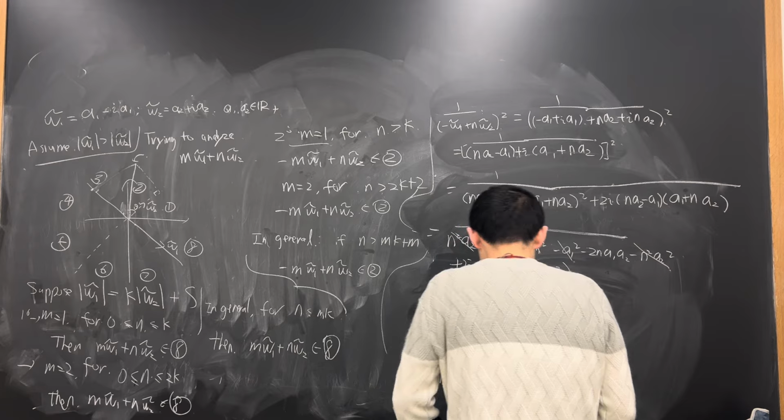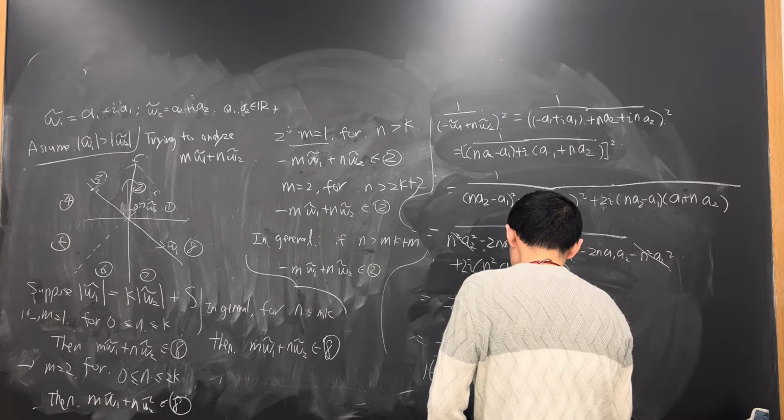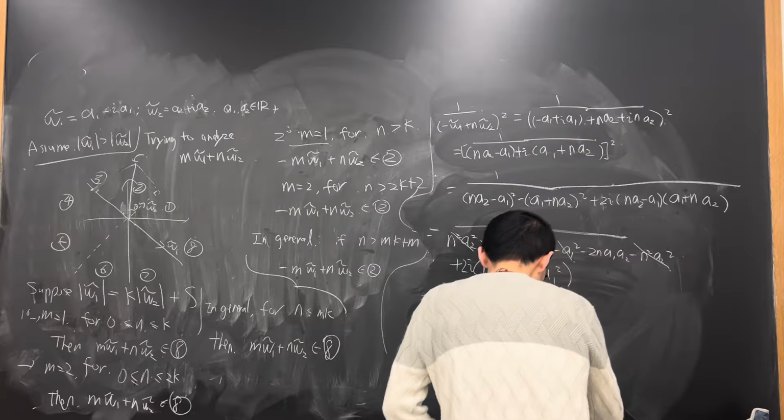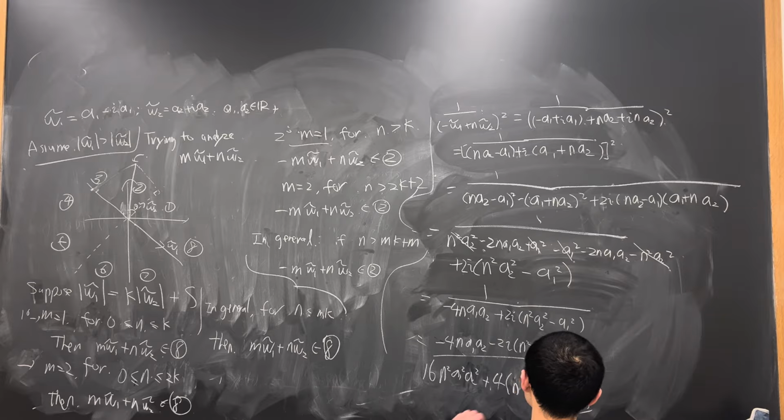Okay, so 4 times this guy squared: n to the 4th power A2 to the 4th power, minus n squared A1 squared A2 squared, and then plus A1 to the fourth power.